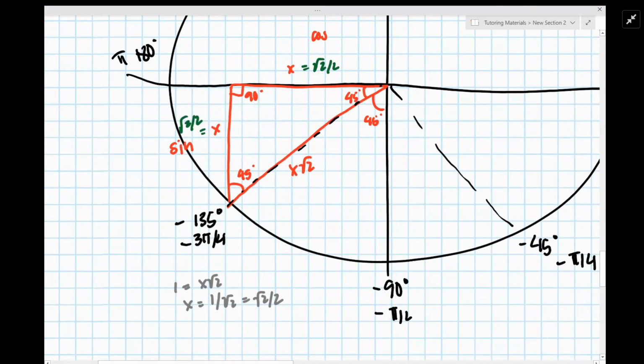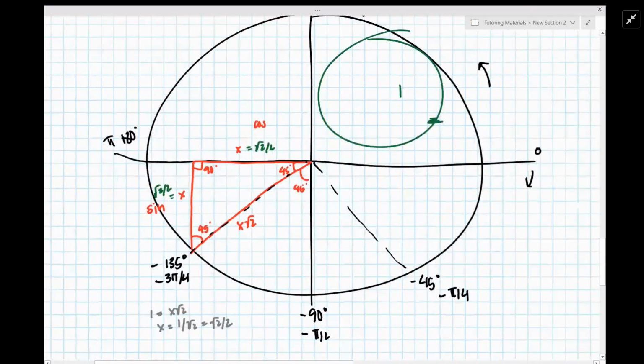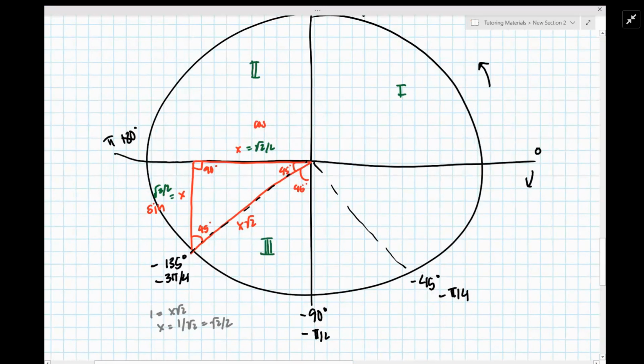Almost, not quite. So in this quadrant here, quadrant number 1, sine and cosine are both positive. Here in quadrant 2, however, cosine's negative, sine's still positive. Here in quadrant 3, where we sit today, this vertical distance, you'll notice, is downward. This horizontal distance is leftward.